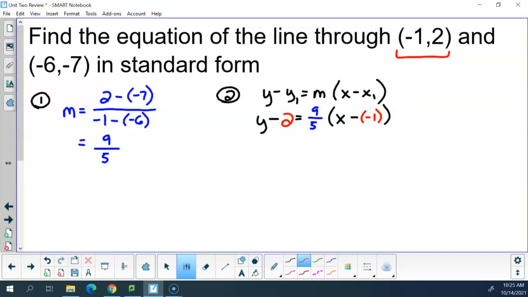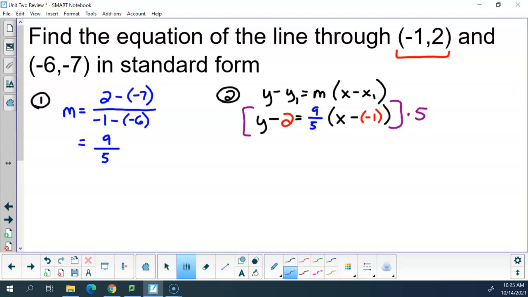Right away, what do I see? I see a fraction. So let's get rid of the fraction right off the start. I'm going to do that by multiplying the entire equation by 5.